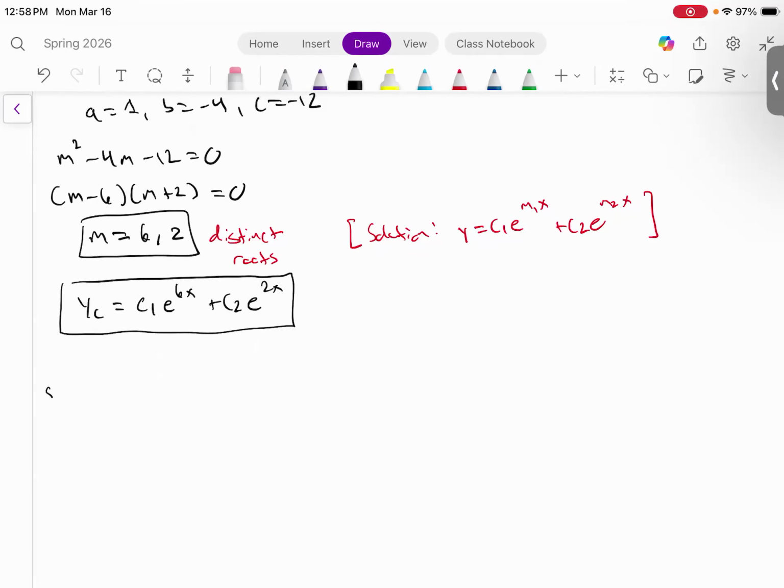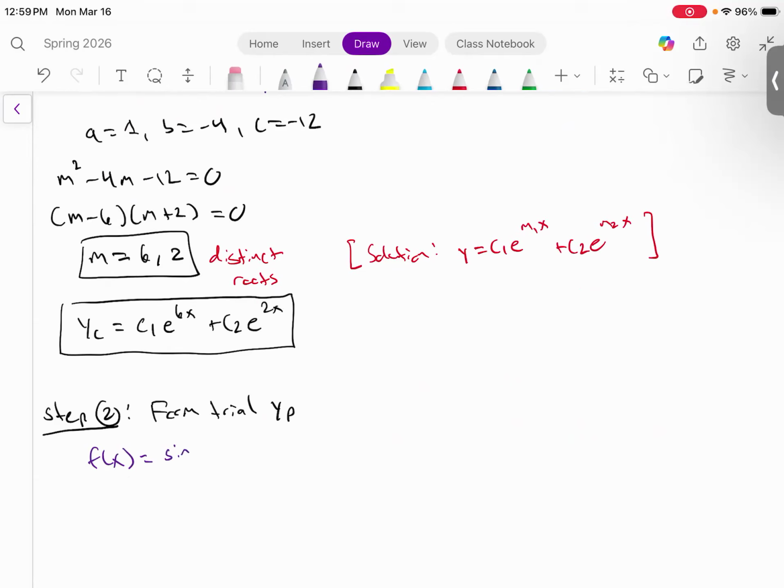So let's move on to step two and get going on our particular solution. Step two, form a trial particular solution. What's our non-homogeneous component? It's that sine of 2x. So let's write that down right here: f of x equals sine of 2x.